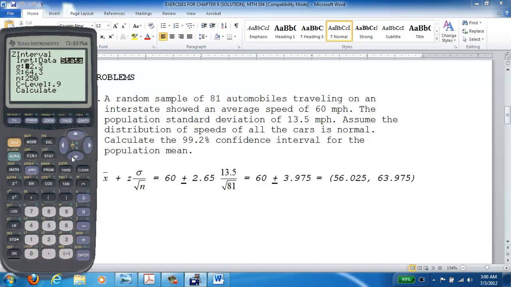Then the sigma is 13.5, the x-bar is 60, the sample size is 81, and the confidence level will be 99.2, and you click calculate. So here it is, 56.022 to 63.978. If we do it manually, maybe sometimes the third decimal will be slightly different. This is because of the 2.65. Could be, for example, 2.649, but the table has 2 decimals.